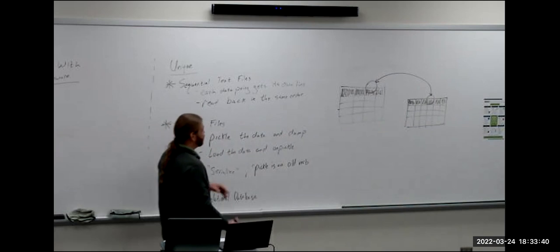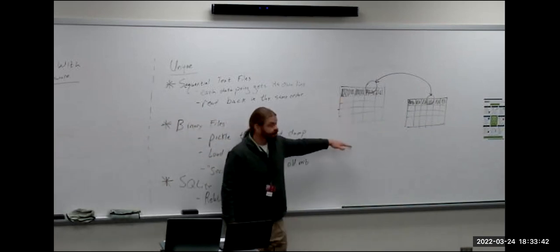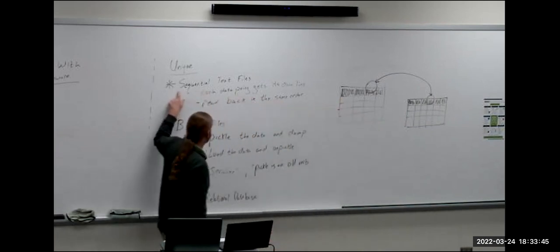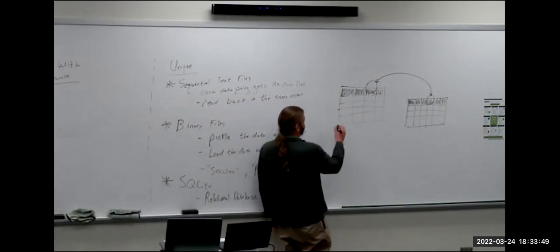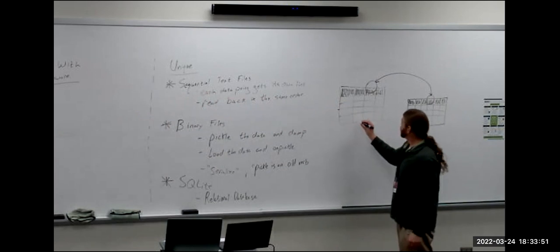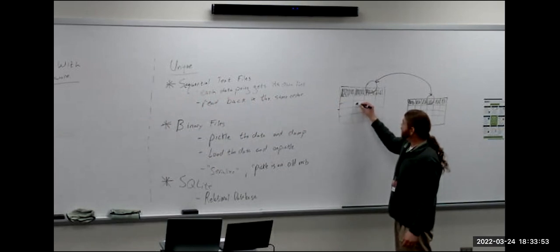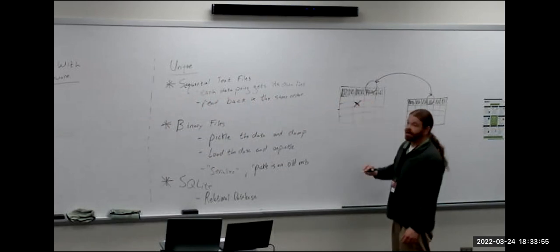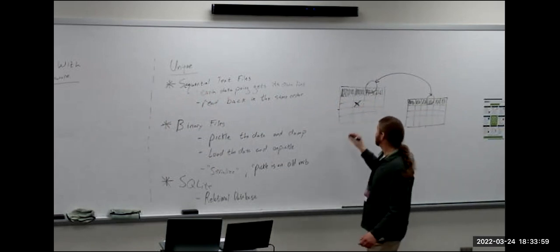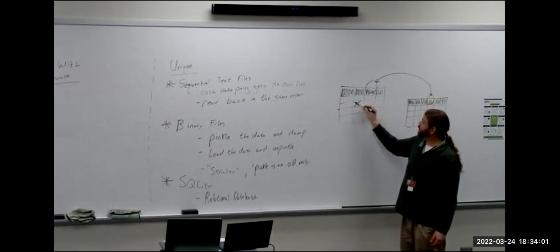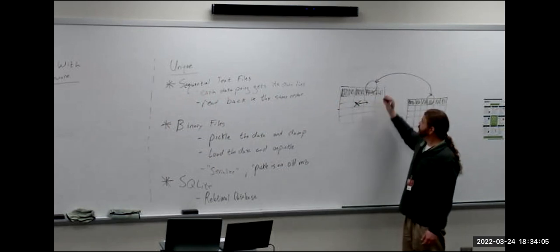So then instead of having to read in all of our data like we would in a sequential text file or a binary file, if we know maybe this piece of data right here, and we're looking for some sort of condition, we can follow those relationships around. That data is related to the next column over.